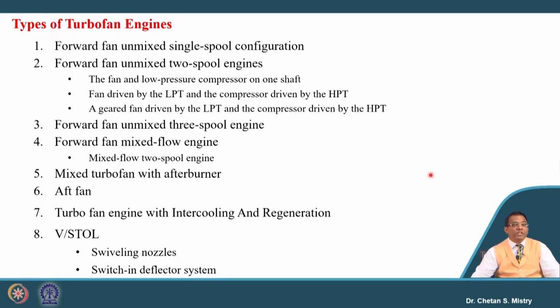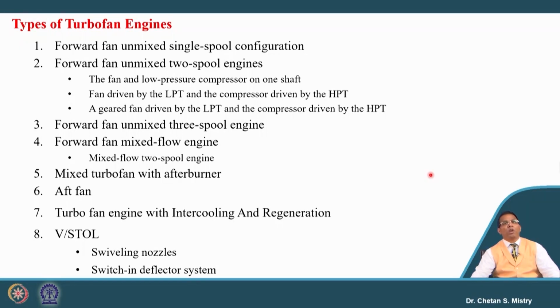Next, we have forward fan unmixed 3-spool configuration. We have forward fan mixed flow configuration, where we have without afterburner operation and with afterburner operation. We have one more classification in terms of aft fan. We have turbofan engine with intercooling and regeneration, and vertical takeoff and landing kind of configuration, where we will be having swiveling nozzles and switch-in deflector system.